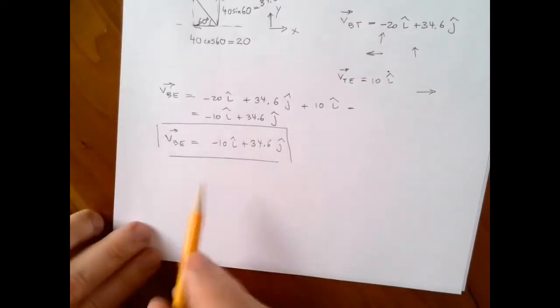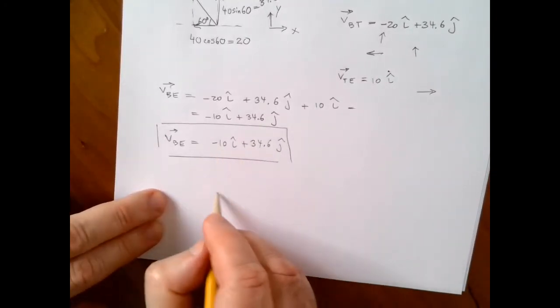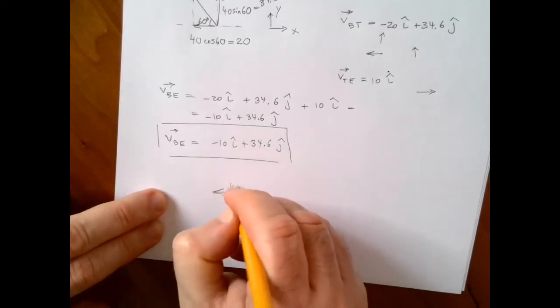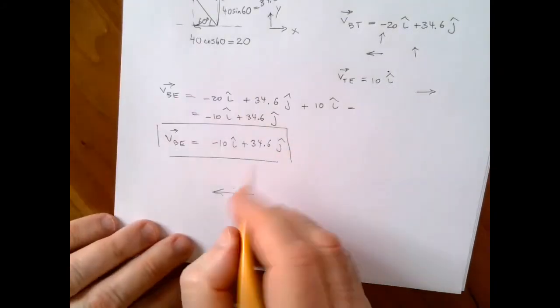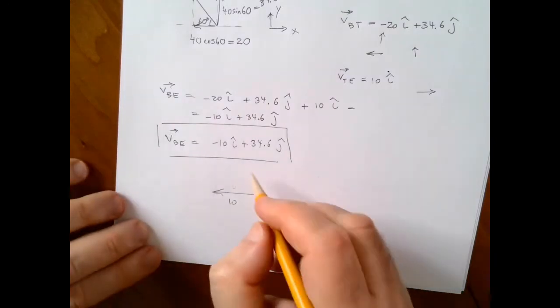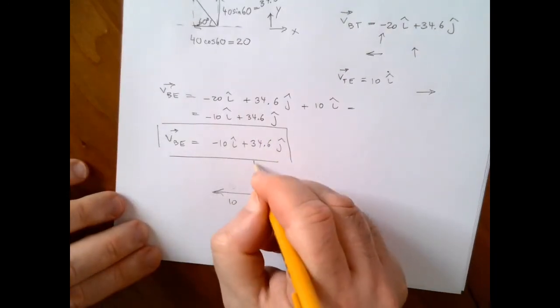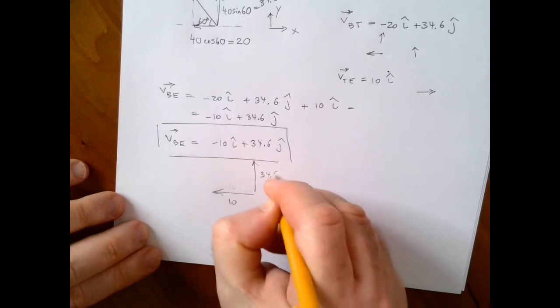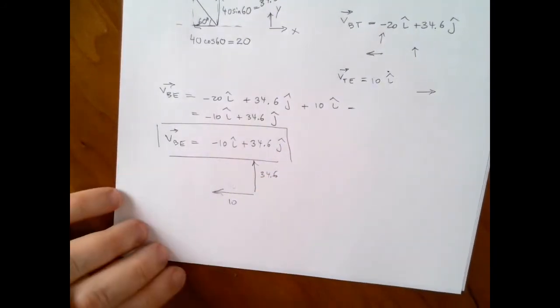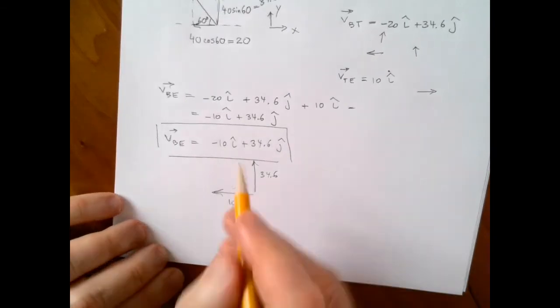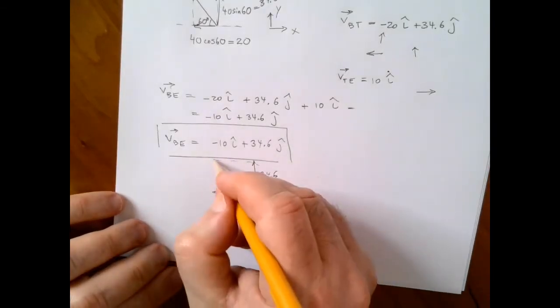Now I can draw these vectors. Negative 10 i hat means I have a vector of magnitude 10 to the left, and 34.6 means I have a vector of magnitude 34.6 up, 34.6 j hat. I add these two vectors.